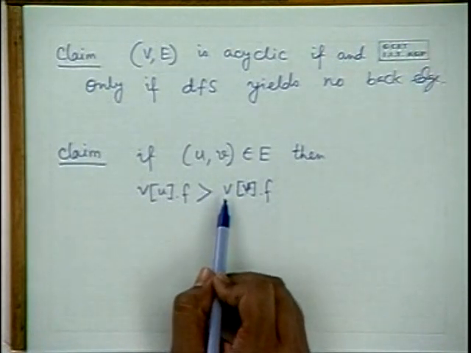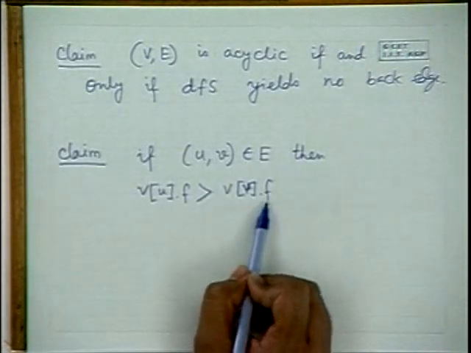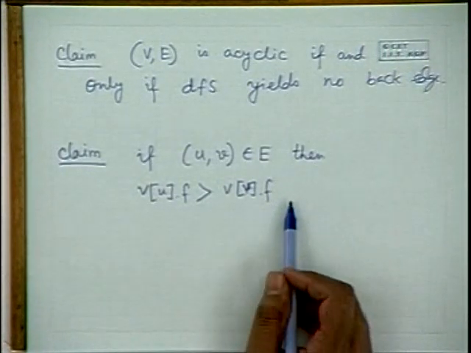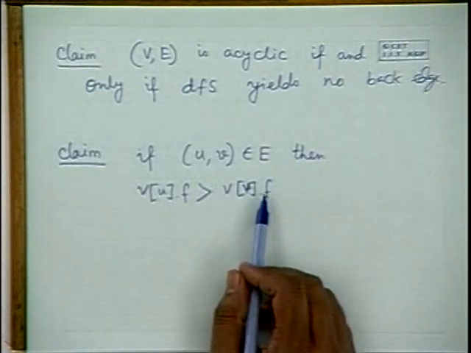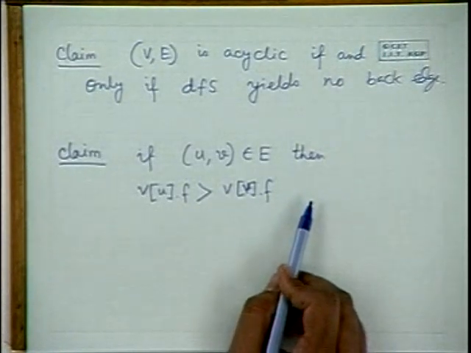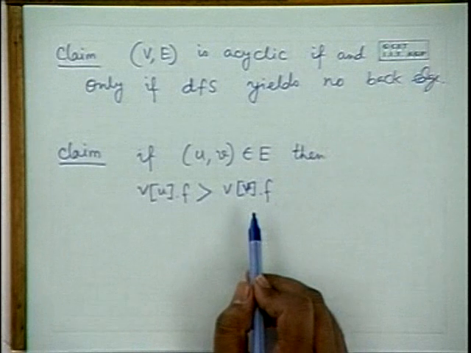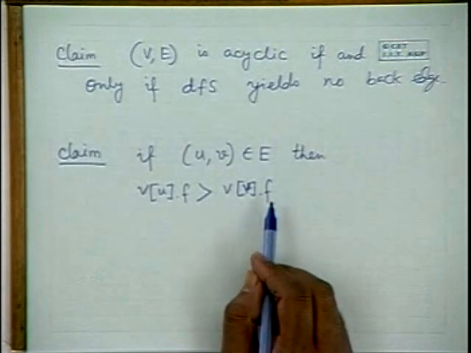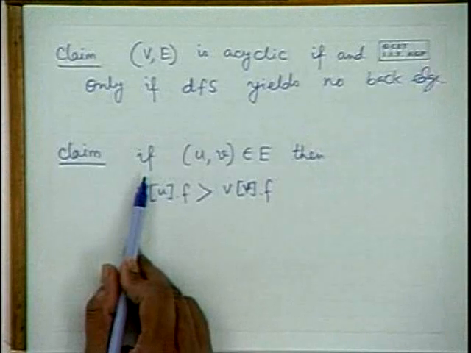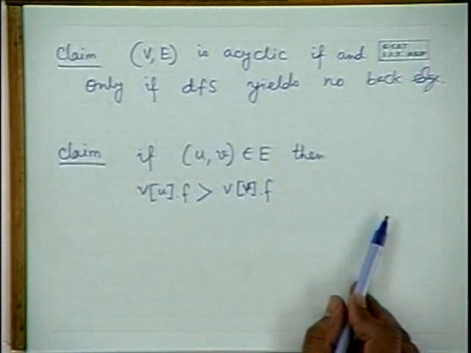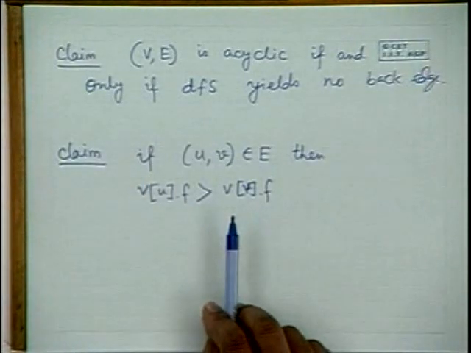Don't worry. Once this is true, the algorithm is automatic. You first run the DFS and output a vertex whenever it is finished. What does it mean? From this claim, it means you are outputting the vertices in the reverse order of the topological sort, because you are outputting each vertex whenever it is finished.